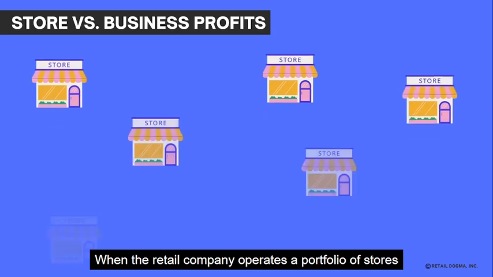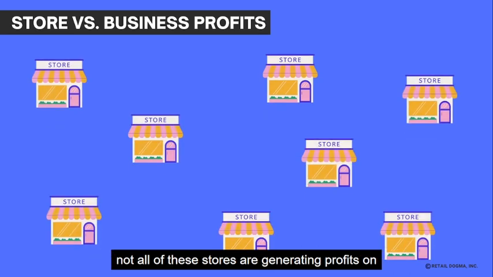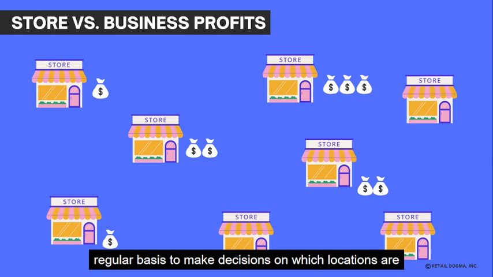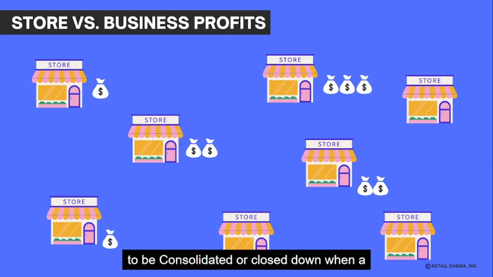When a retail company operates a portfolio of stores, not all of these stores are generating profits on their own. Such portfolio needs to be analyzed on a regular basis to make decisions on which locations are contributing to the business and which ones need to be consolidated or closed down.